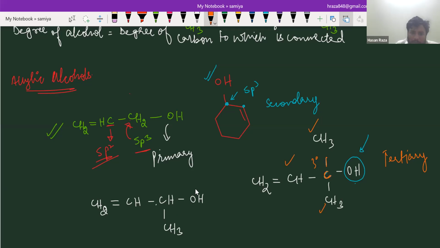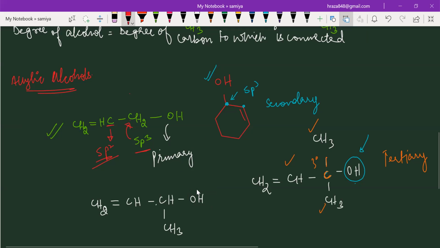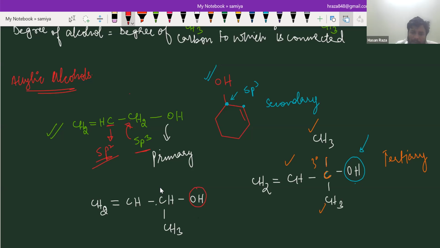Okay. Madhya, now tell me the degree of this alcohol. Is it secondary? Yes, it is secondary, right, Ayman? You can see the carbon it is connected to. This is 2 degree, so it is secondary.